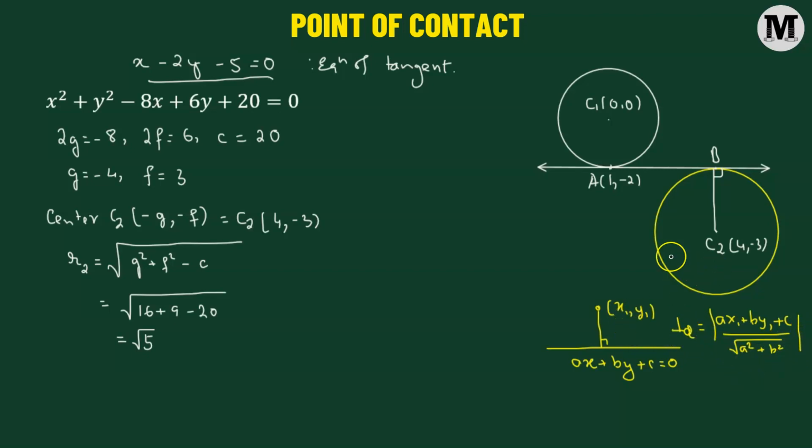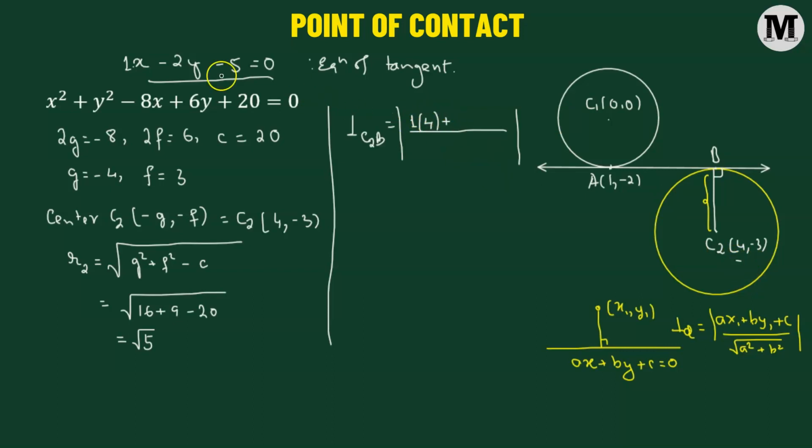So using this formula, we're going to find out the perpendicular distance C to B. Here we have the equation of the line. So let's find out the perpendicular distance C to B. This will be equal to, we'll take the absolute value, the ratio. First we need the coefficient of x. The coefficient of x is 1 here. The 1 will get multiplied to the x coordinate of the center C2, that's 4.